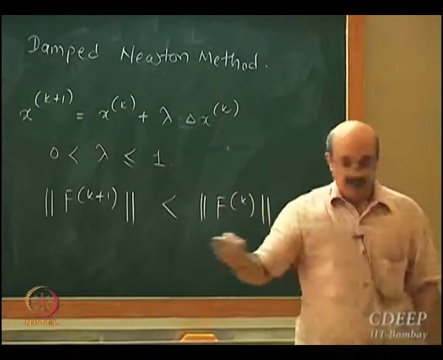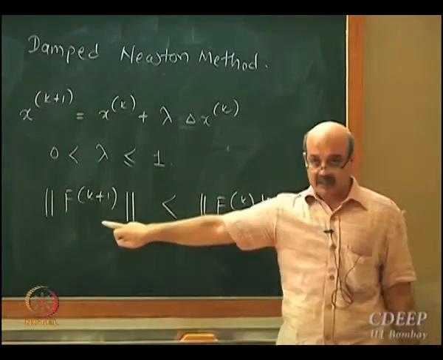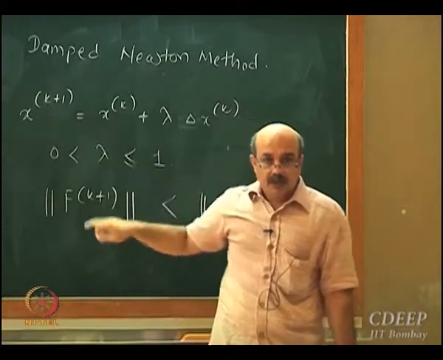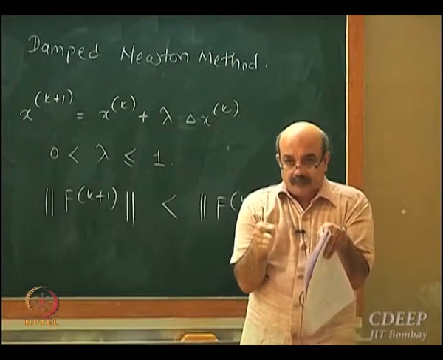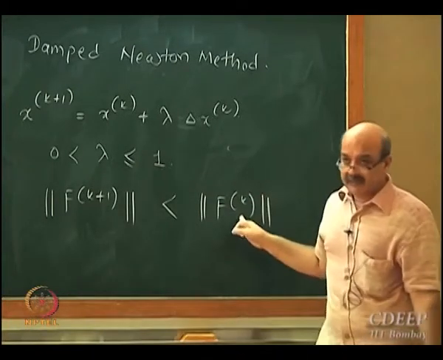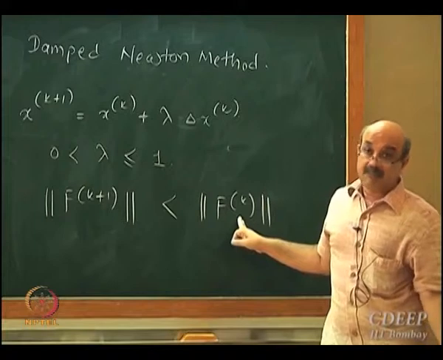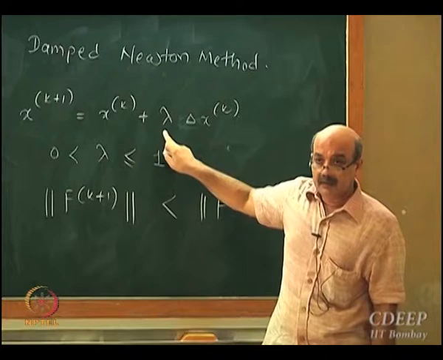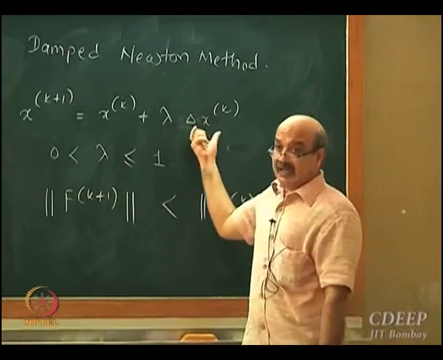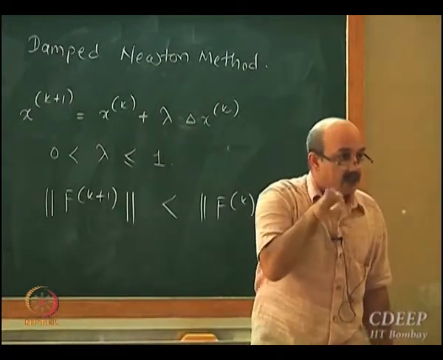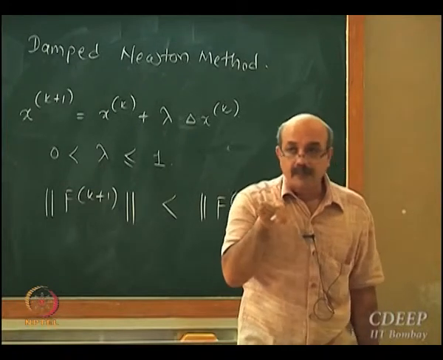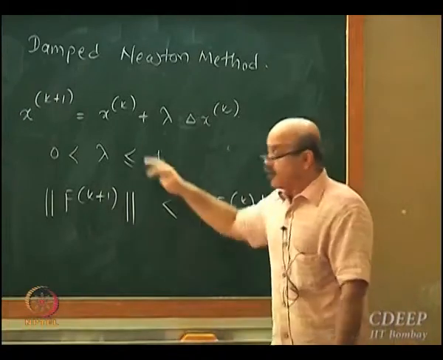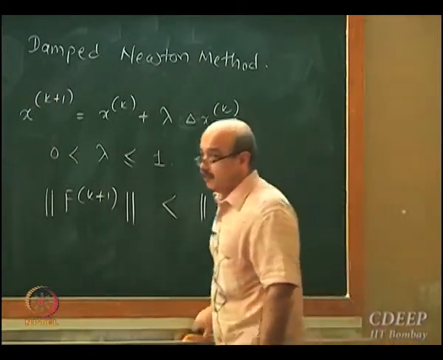When I make a new step, this function evaluation at the new point, that is xk plus 1, should actually reduce as compared to this. Now this may not happen if I set lambda equal to 1, it may not happen, because delta x has been determined using local slope, okay. So what is the way out? Okay, so why should we choose lambda less than 1? Let's look at the rationale behind it.